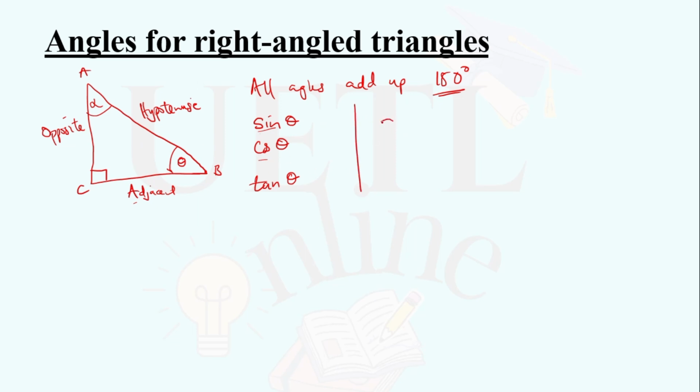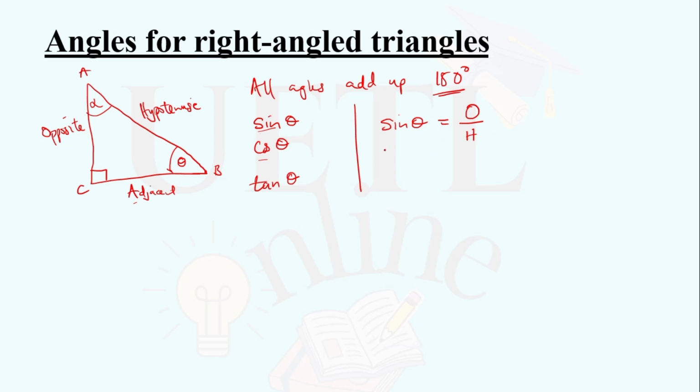Sine theta is just a number. This ratio is the opposite over the hypotenuse. So what you do is write the angle here, include the opposite and the hypotenuse, and use the calculator to work out the solution. It's very easy. I will show you how to do it.